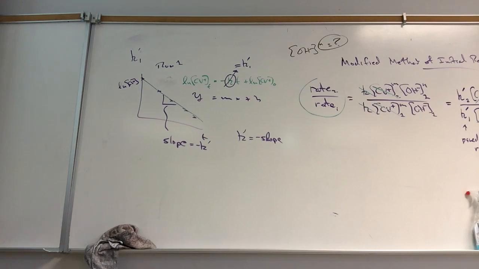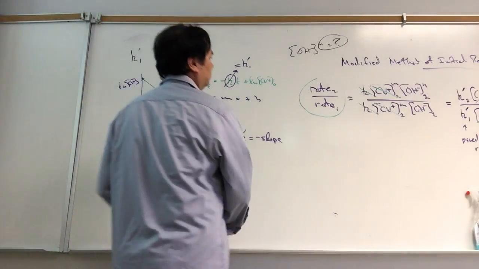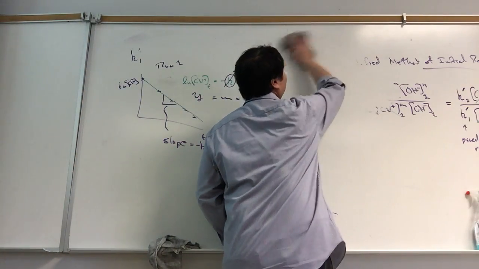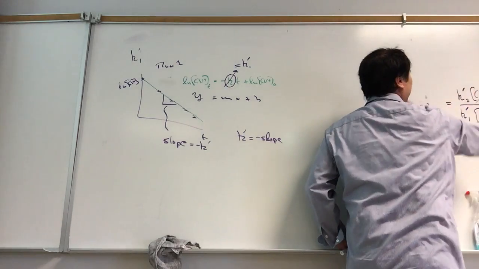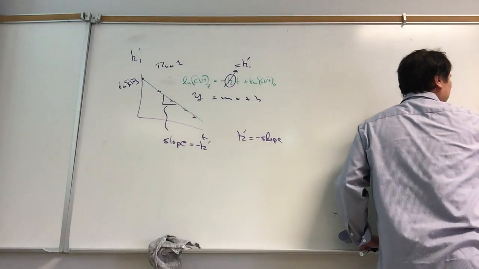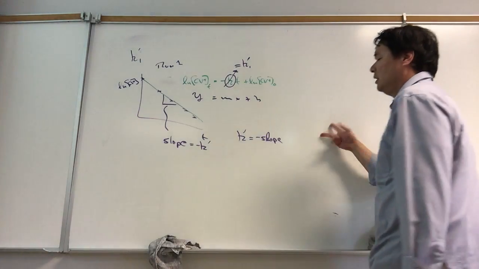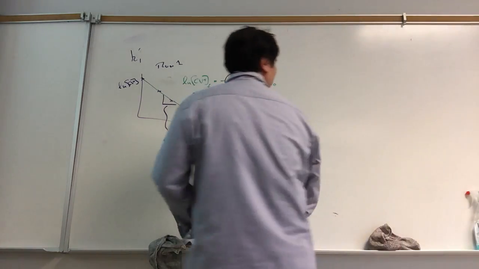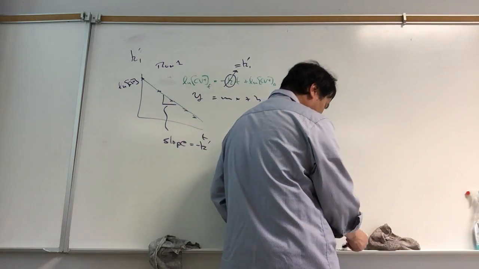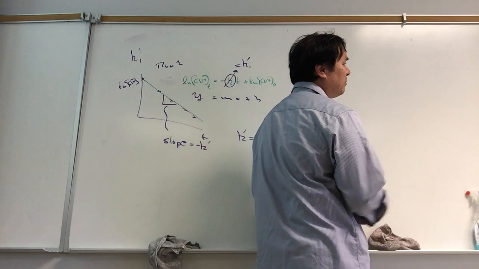And so let's plug those in here. Rather than taking a ratio of the initial rates, I'm taking a ratio of the pseudo first order rate constants.